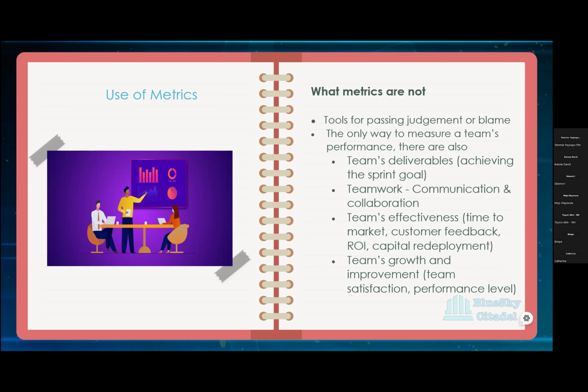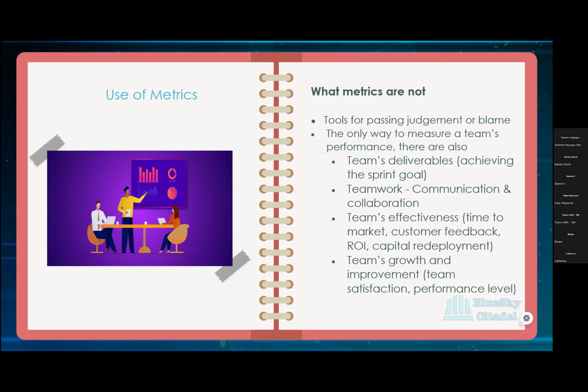So most teams feel that if this goes out, they're going to judge us, they're going to feel we're not doing enough, they're going to want to give us more. And if you're not careful, especially if you have a metric that is measuring the story points of a team, your team members will start falsifying story points just so they feel they're doing a lot even when they are not, and you don't want that.